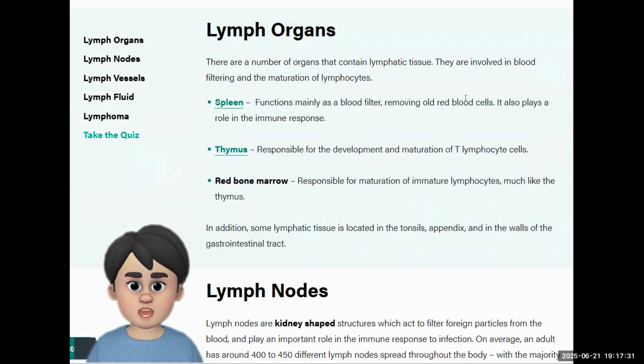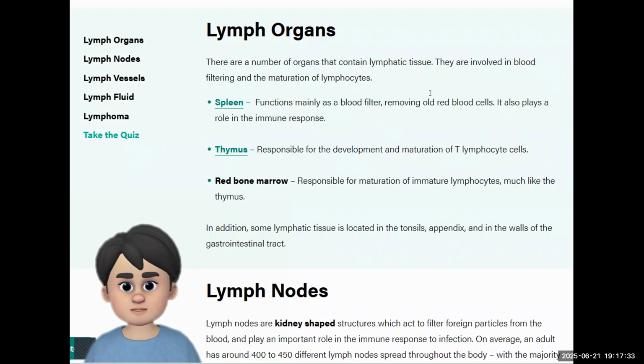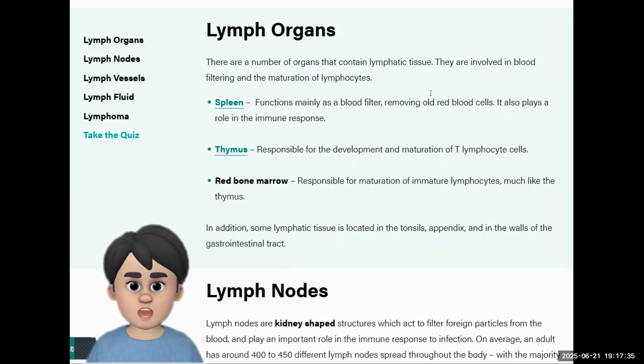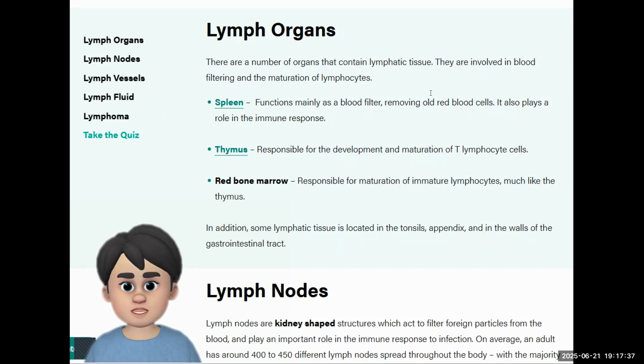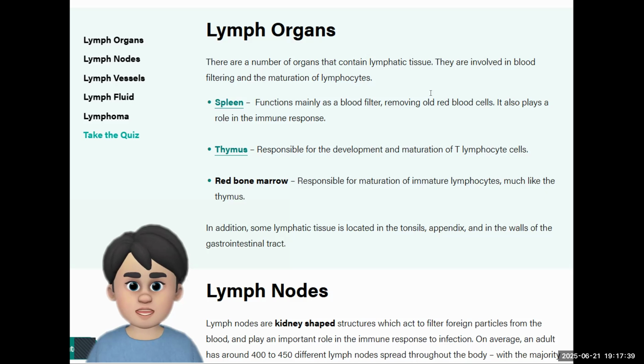Now, lymph organs. There are a number of organs that contain lymphatic tissue. They are involved in blood filtering. So please write it down. Spleen. We are going to have a separate short session about spleen and thymus. Red bone marrow. Spleen functions mainly as a blood filter, removing old red blood cells.